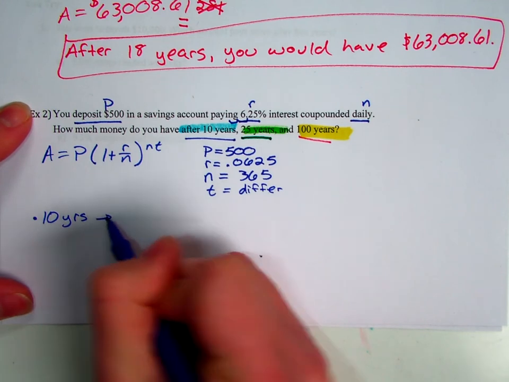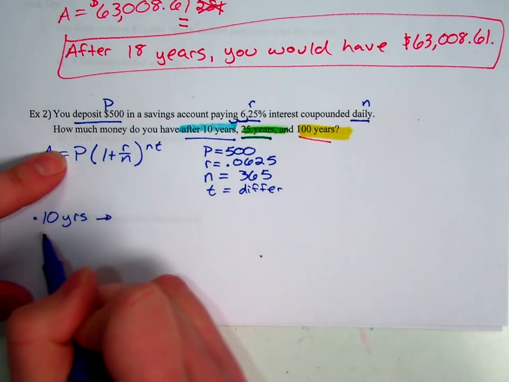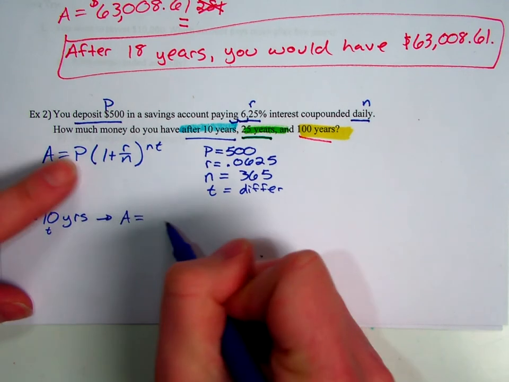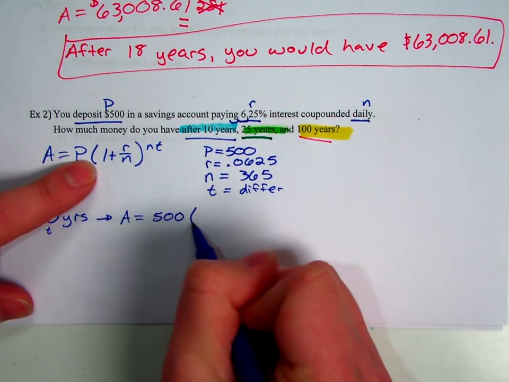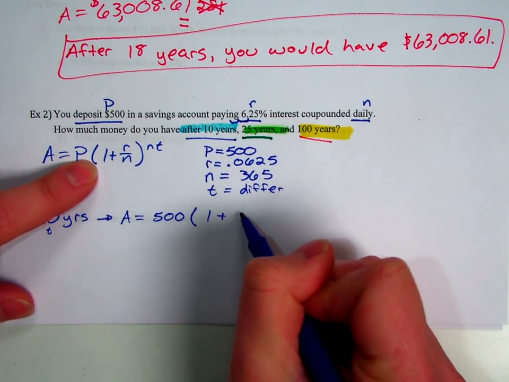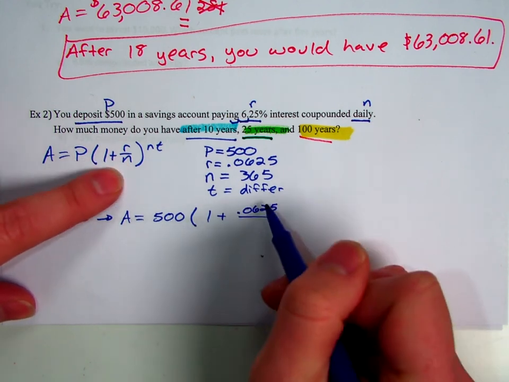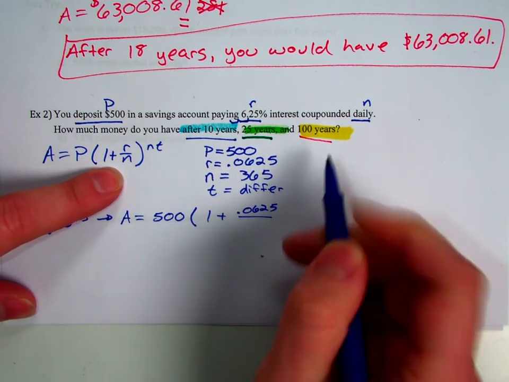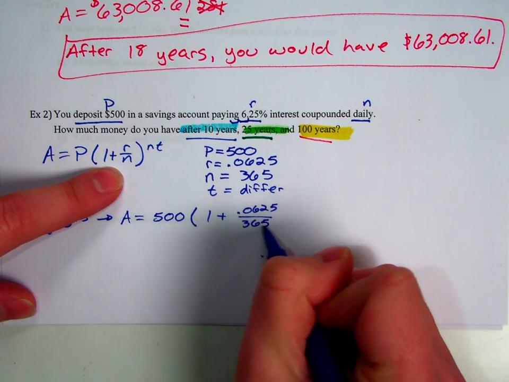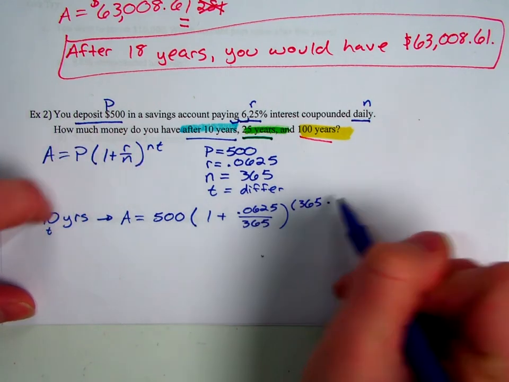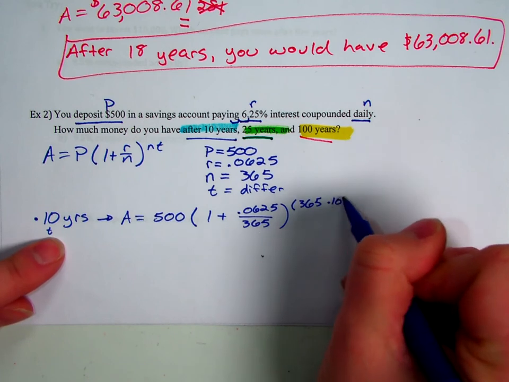Okay, so for 10 years that means that my T is 10, right? So A equals, my P is 500. 1 plus, my R is 0.0625 over my N, which is 365, as it will be for all of them. And again, to the 365 is N times my T, which in this case is 10.